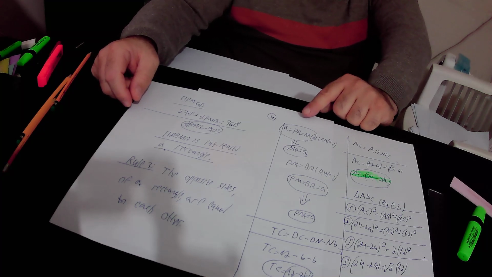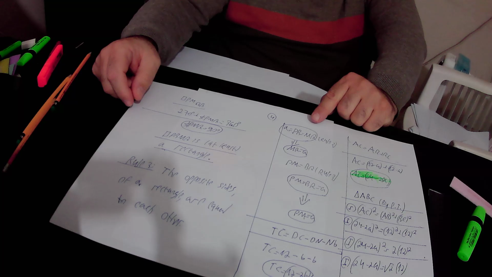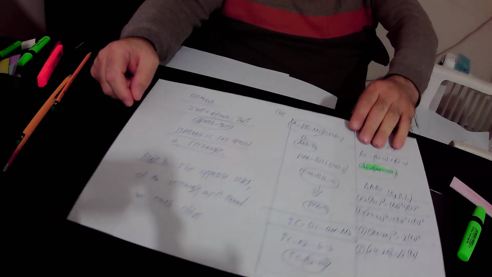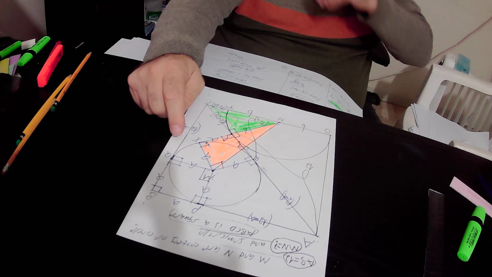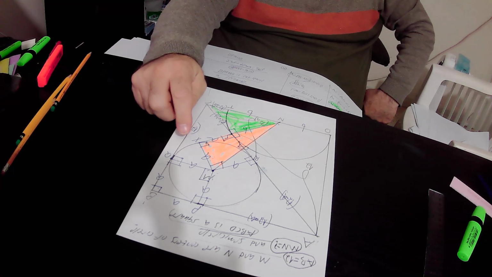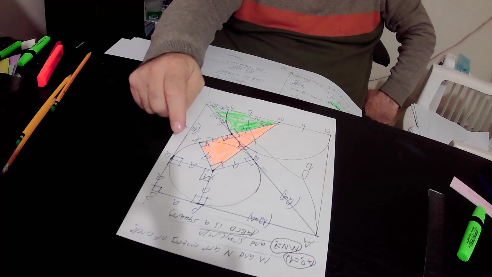So from this equation A equals PB equals MQ, we conclude that MQ is also equal to A. Here MQ equals A, so we actually found out that the radius of the circle is equal to A units.